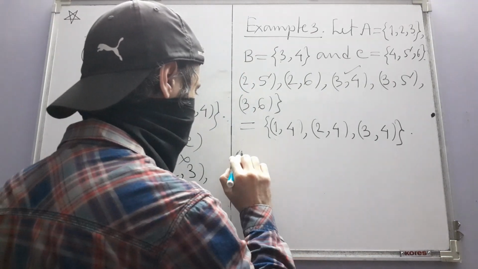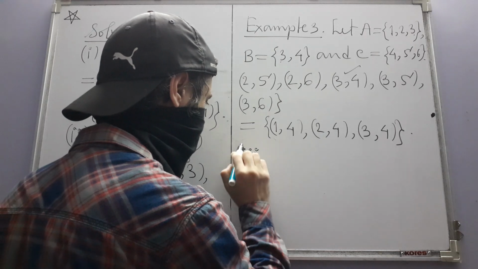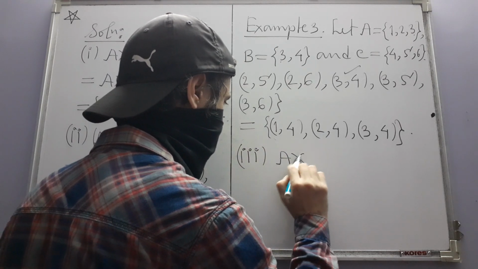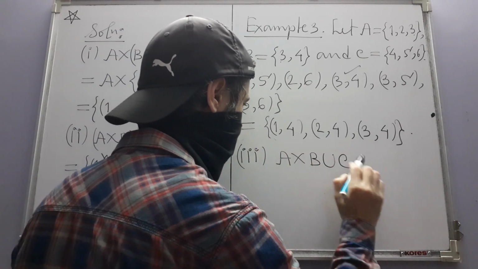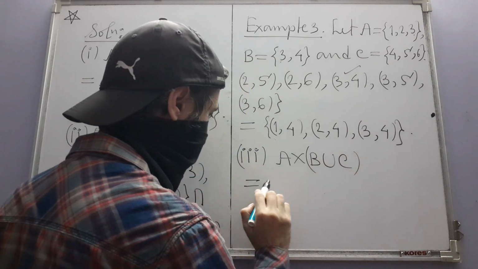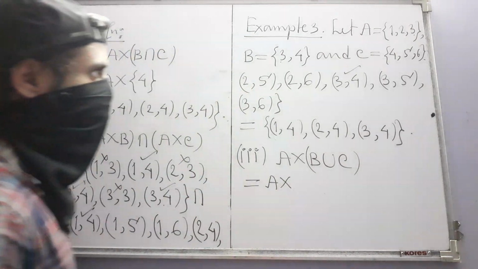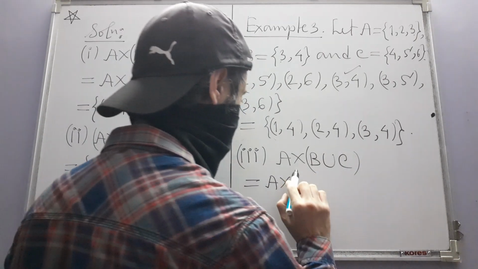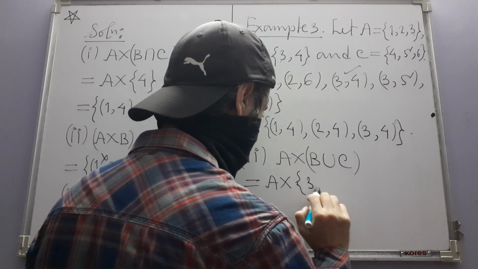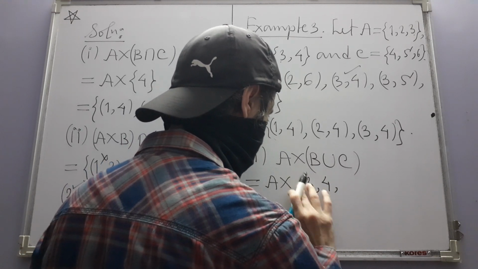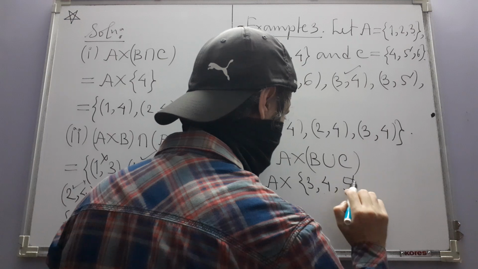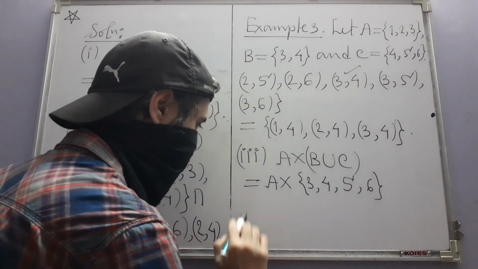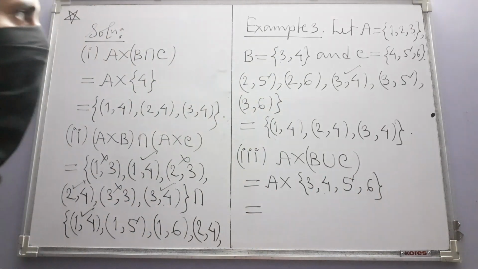A times B union C. B union C is 3 4 5 6. All right.